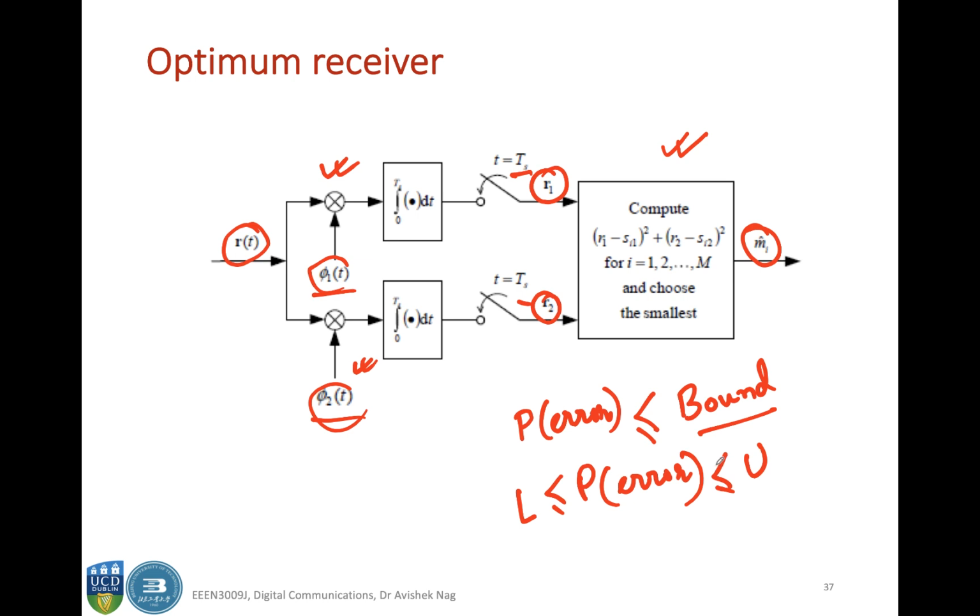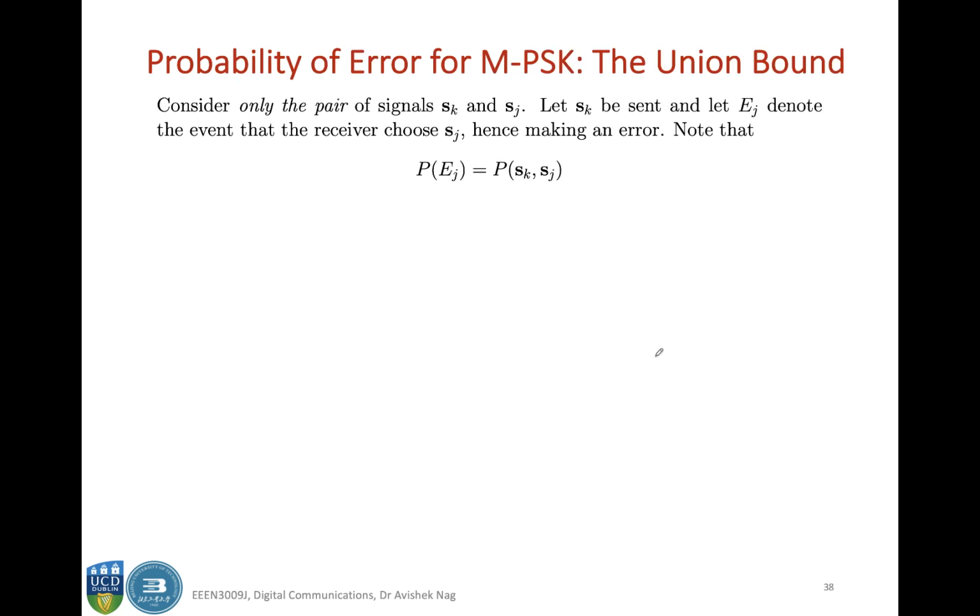In this way we get an estimate that your probability of error is within some values. So let's see what the bounds are, or how we can approximate the probability of error and use these bounds. All right. So the first method is called the union bound.